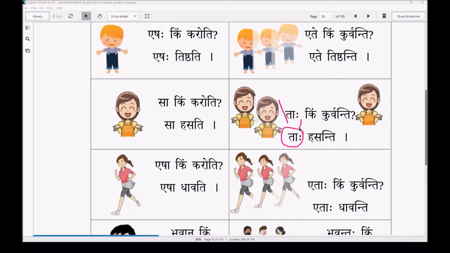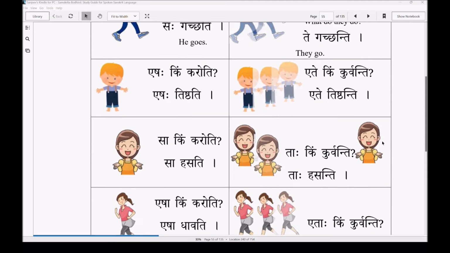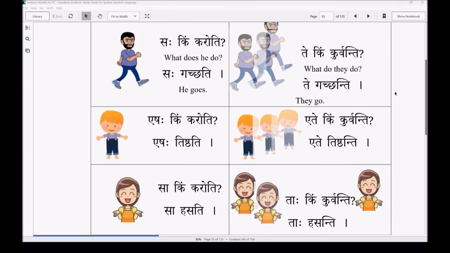They. What is the lingam? Masculine. Strilingam, right? Strilinga bahuvachana, taah. Strilinga bahuvachana taah, because you see here masculine, pullinga bahuvachana is te.